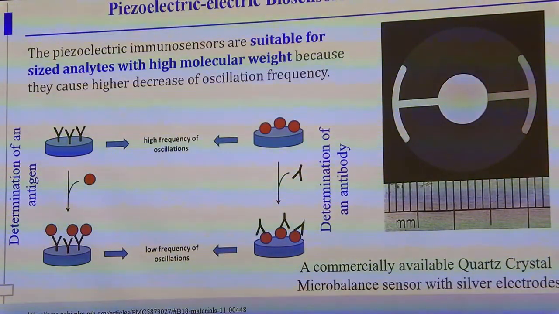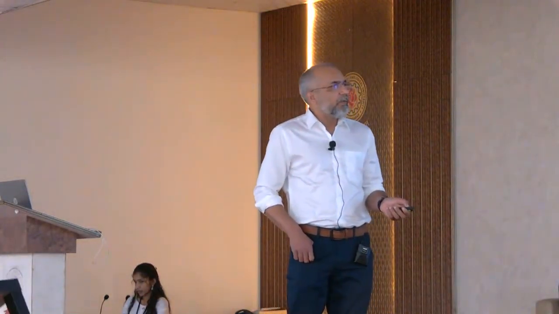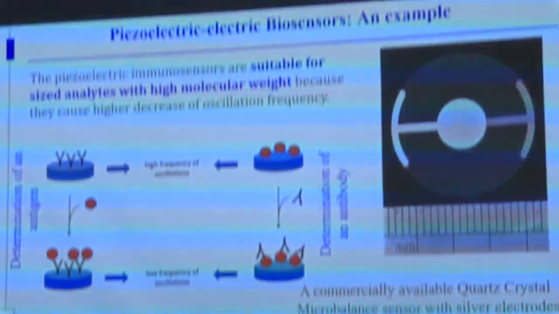Again, it's a simple interaction: A interacts with B, or B interacts with A. That can happen in high frequency and also in low frequency of oscillation. This is a simple example of a commercially available quartz crystal microbalance sensor with a silver electrode. You can see the size, the scale is in millimeters. So this is one example of a piezoelectric biosensor.